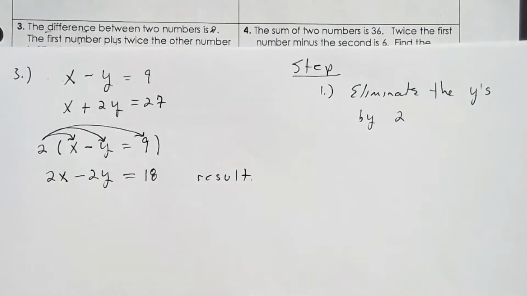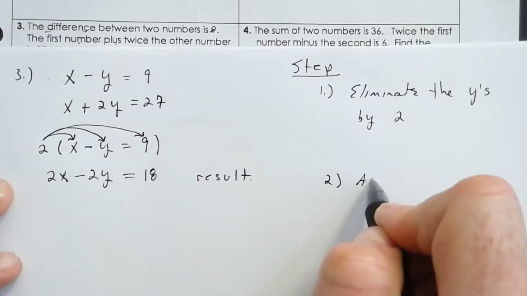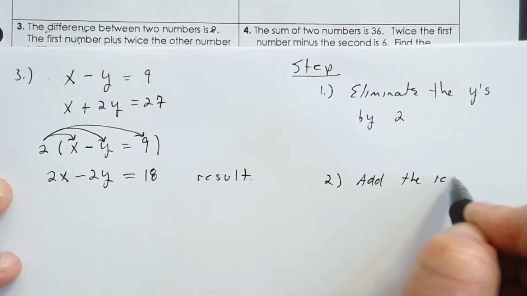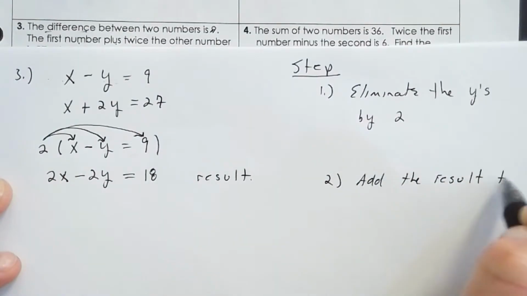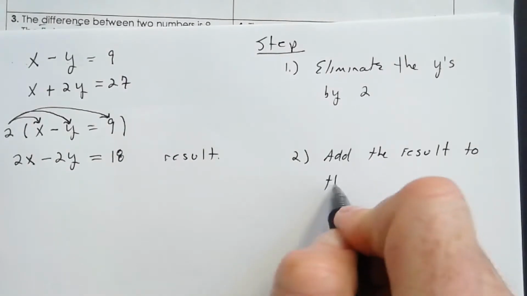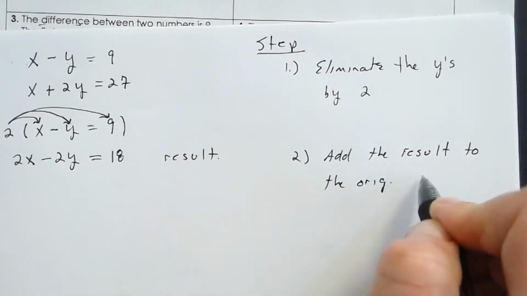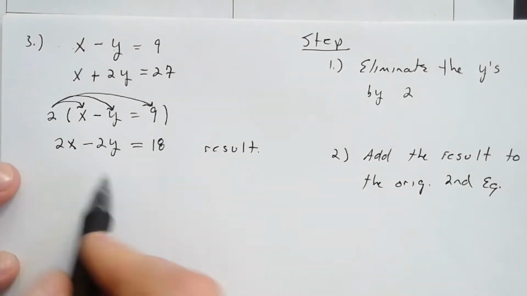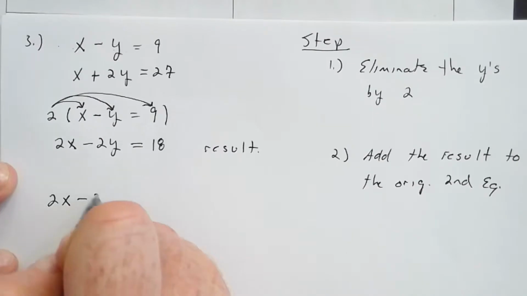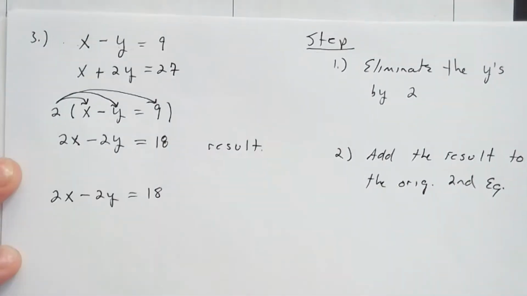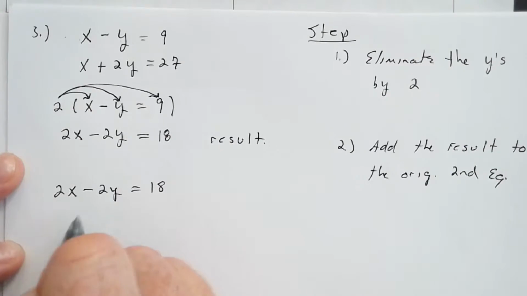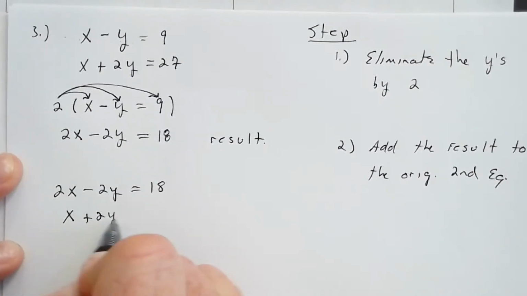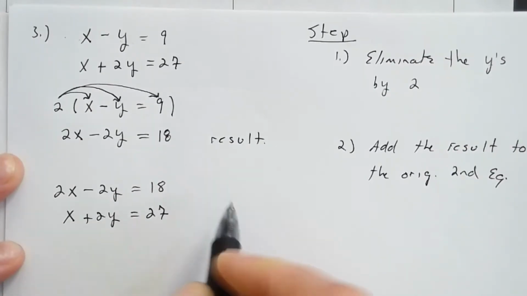Now we want to take the result and add that to the original second equation. So the result is 2x minus 2y is equal to 18. And we're going to add that to the original second equation, x plus 2y is equal to 27.